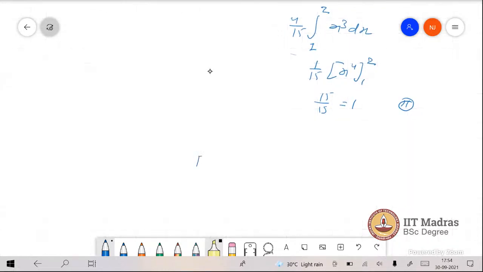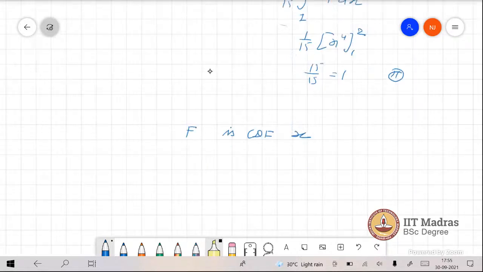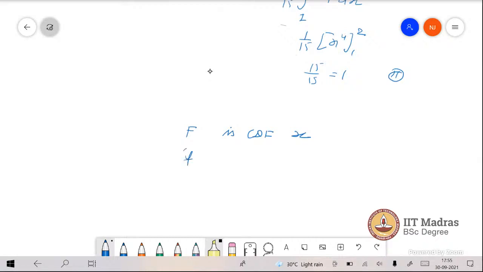If F is the CDF of x, and any function f satisfies F of x equal to the integral from -infinity to x of f of t dt, then this small f is called the PDF of x.